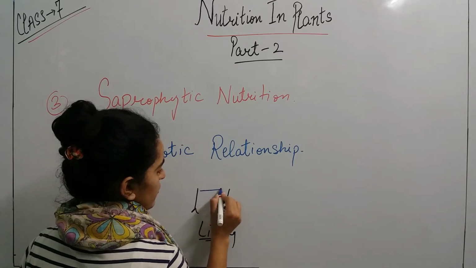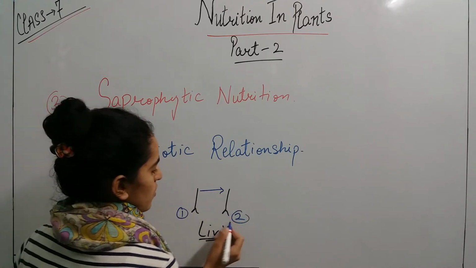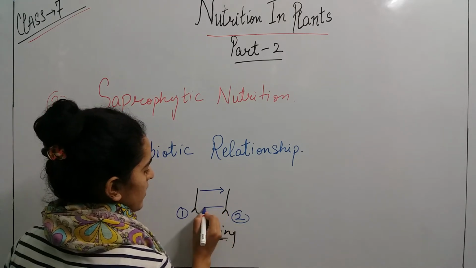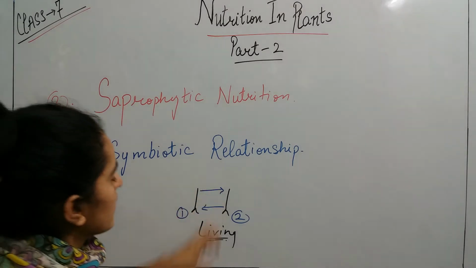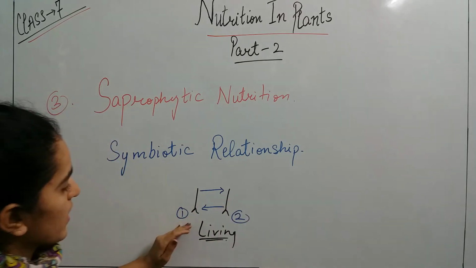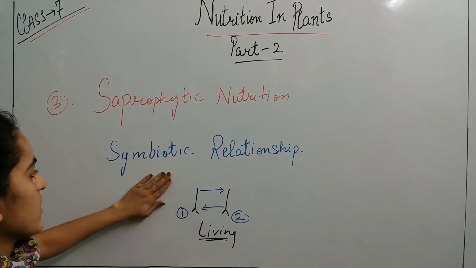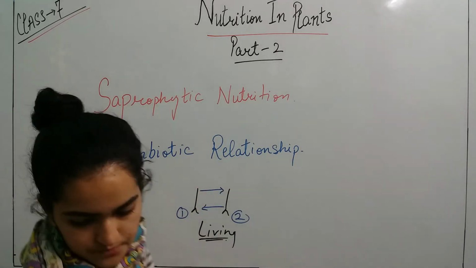This will give benefit to organism 2, and the second organism will give benefit to the first organism. So they both live together and give benefits to each other. In this way, the symbiotic relationship occurs.